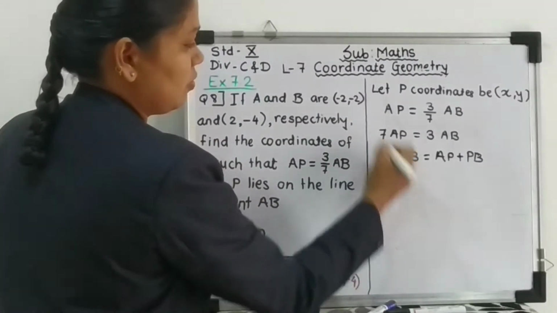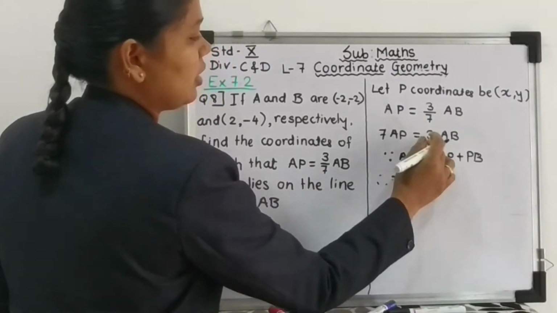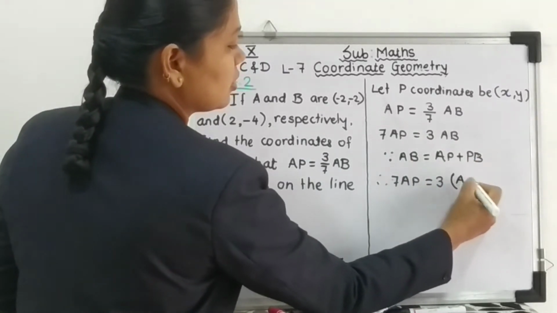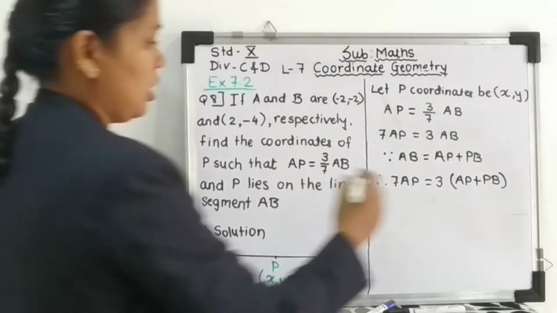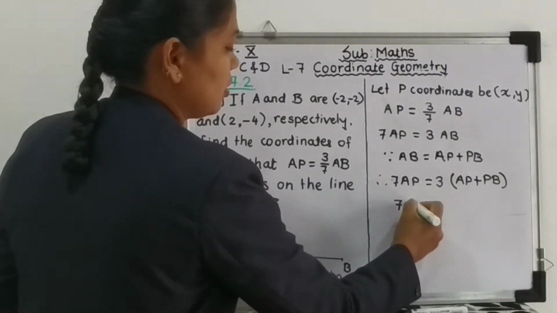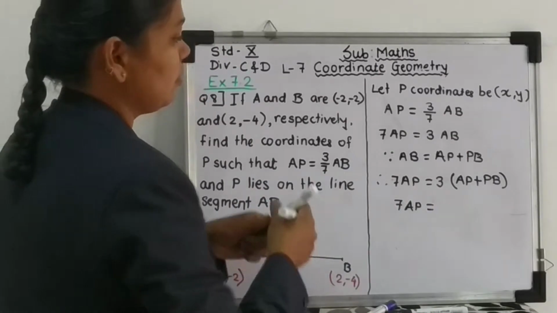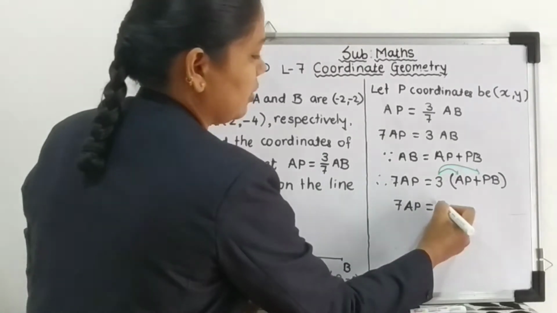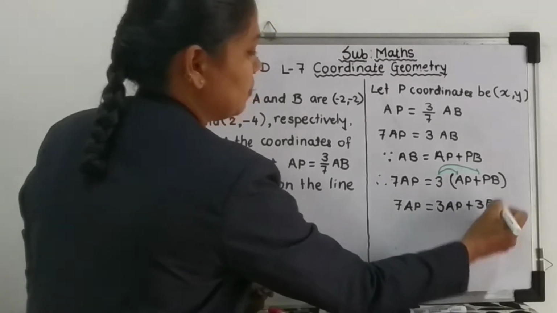So therefore 7 AP equals, we'll write 3 outside, and in place of AB we will put AP plus PB. Now 7 AP equals, by 3 we will multiply inside the bracket. So 3 AP and 3 PB, we will write here 3 AP plus 3 PB.